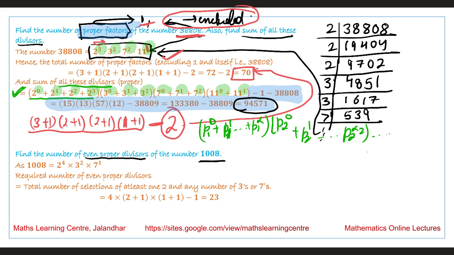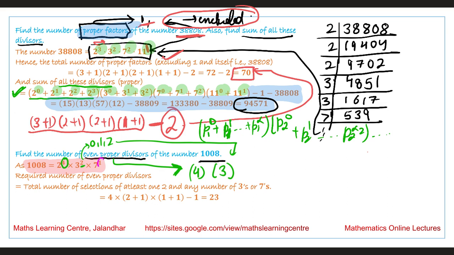Next is find the number of even proper divisors of the number 1008. Again the prime factorization of 1008 is 2 raised to the power 4 into 3 raised to the power 2 into 7 raised to the power 1. When it should be an even proper divisor, the power of 2 should not be 0, so the ways of choosing it is 4. The next power is 2, so we choose out of 0, 1 and 2, so the number of options is 3.